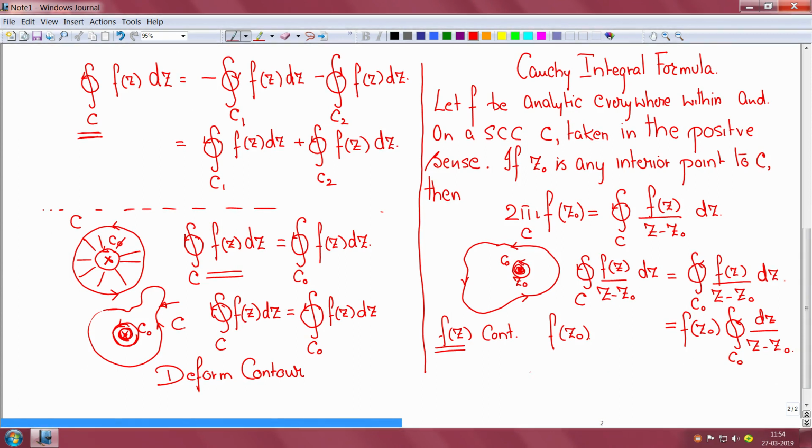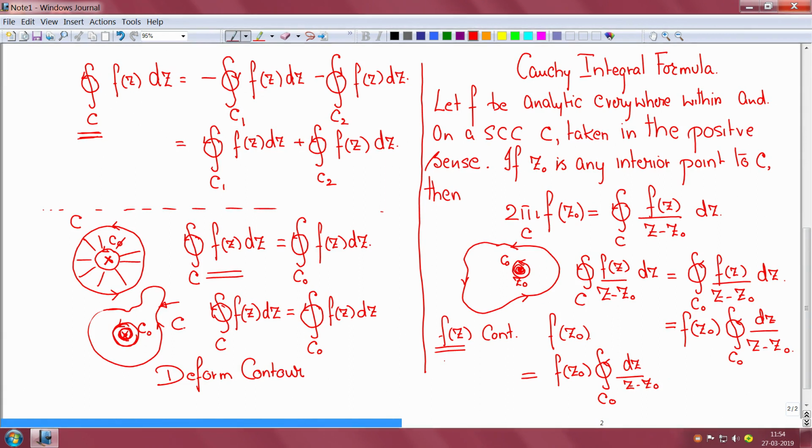Okay. So, now what I have is f of z0 and an integral over C0 dz by z minus z0. Okay. So, what is this?